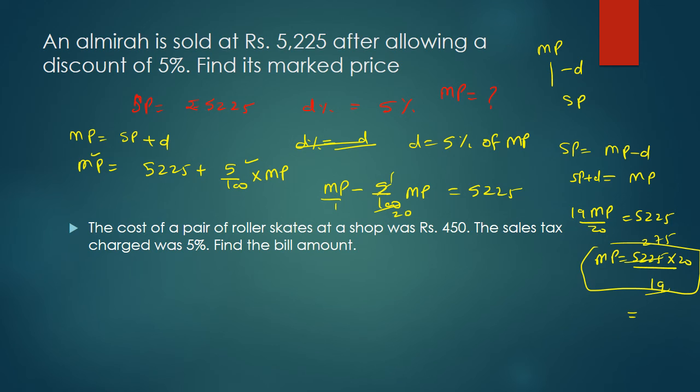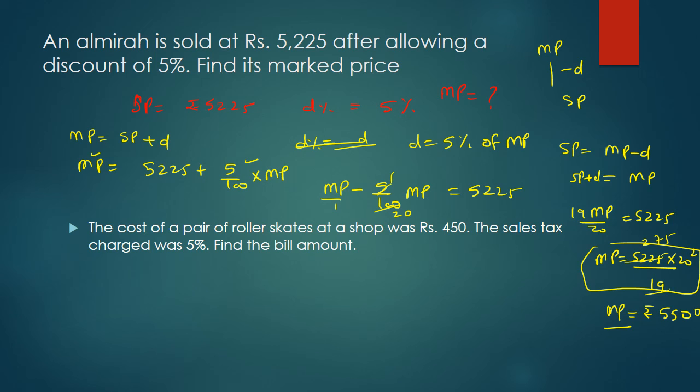And then when you multiply 275 with 20, that will give you 5500. So this was the mark price earlier, 5500, and after 5% discount it was sold at 5225 rupees.